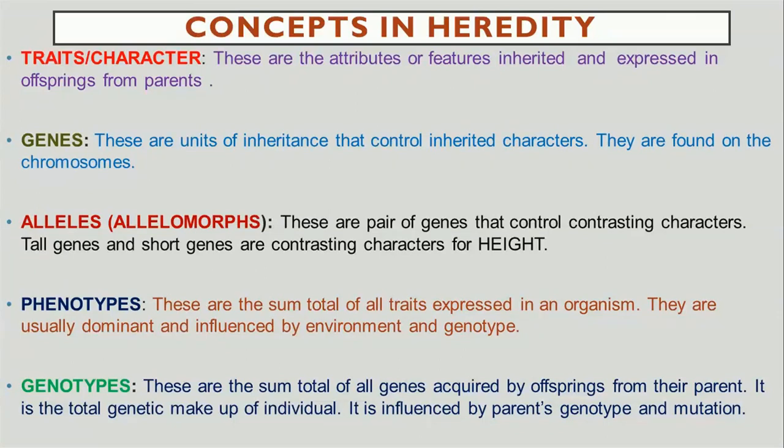And of course, mutation. Mutation is a sudden change in the genetic component of an individual, probably due to exposure to certain radioactive materials and other things like that. It could even be exposure to X-ray, causing a change in the genetic makeup of an individual, and so it can change the phenotype and of course the genotype of an individual.